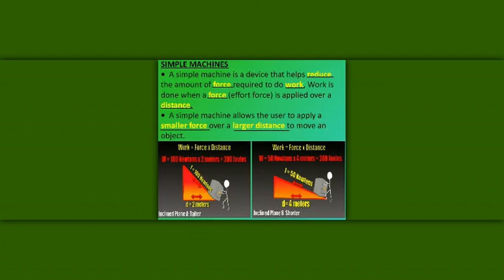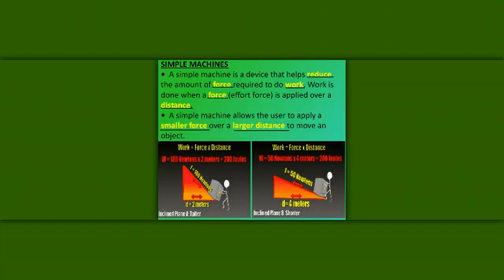Simple machines. We're going to move on and talk about how work applies to our life. Well, there are 6 simple machines that most people memorize, and some people memorize a 7th, the gear. But we're going to focus on the simple machines that we need to memorize for South Carolina standards.